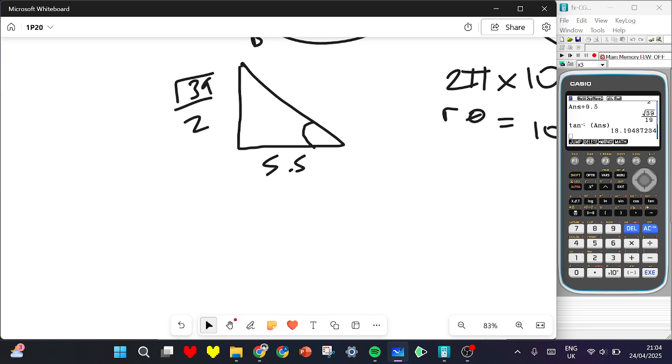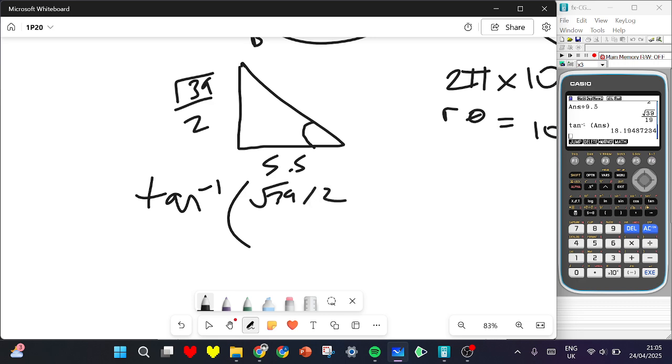So that's going to be tan again, so it's going to be the inverse tan of root 39 over 2 divided by 5.5. I'm going to use my calculator again.